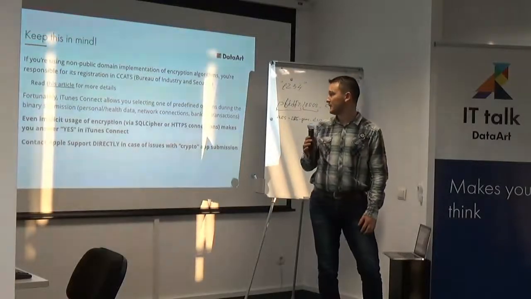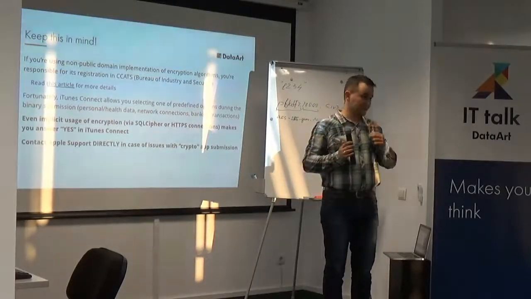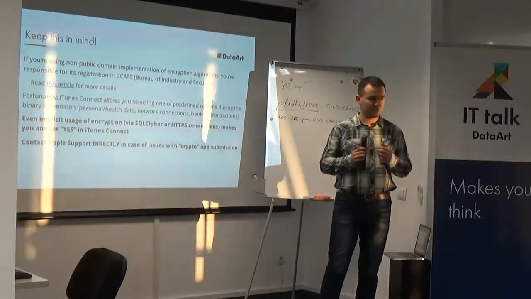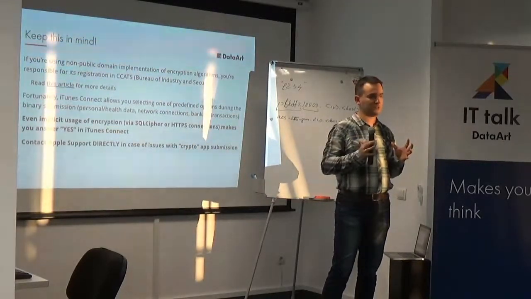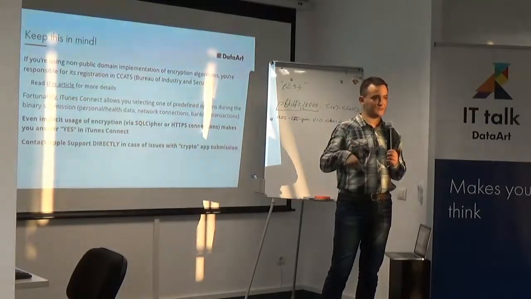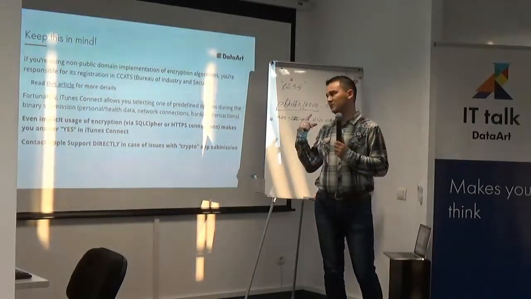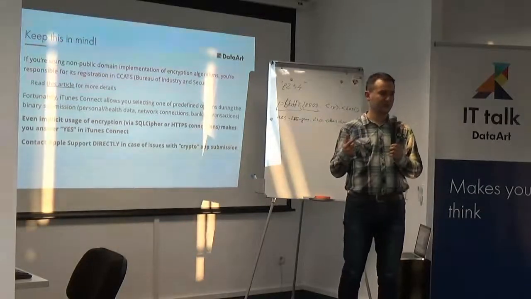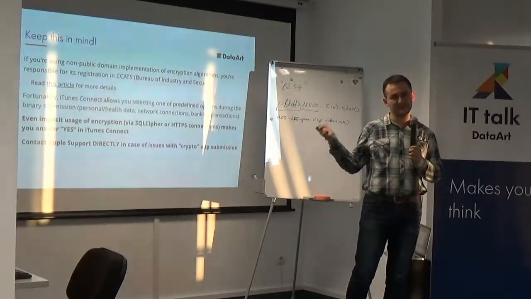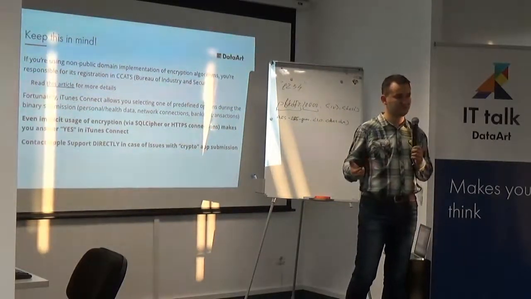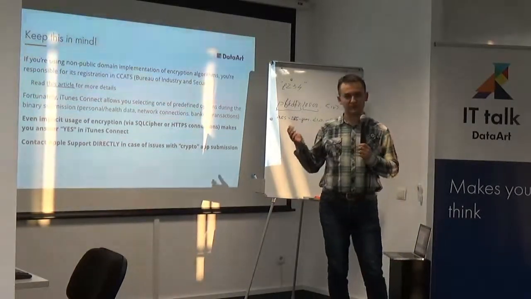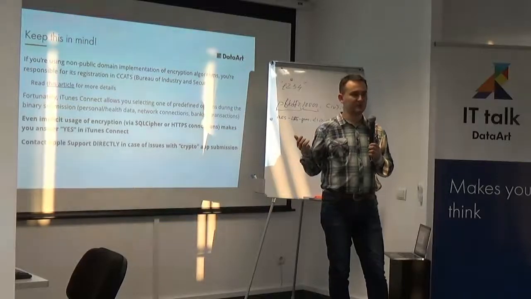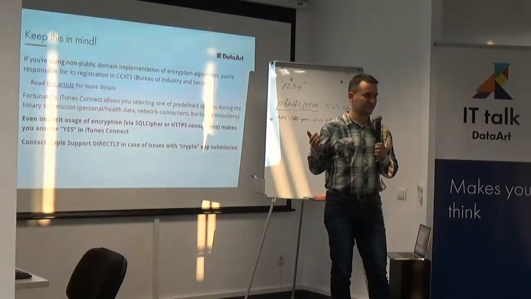Okay. The final note is related to submitting crypto applications to the App Store. If you are using the crypto security SDK, this is fine. You should just tick some marks in the App Store. If you are using third-party implementation of encryption like SSLs, OpenSSLs, ciphers, or your custom written ciphers, you should try finding an IRM-optimized implementation for them.